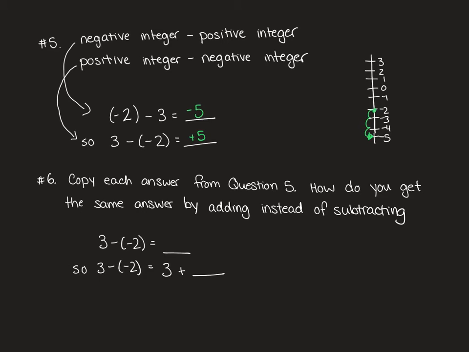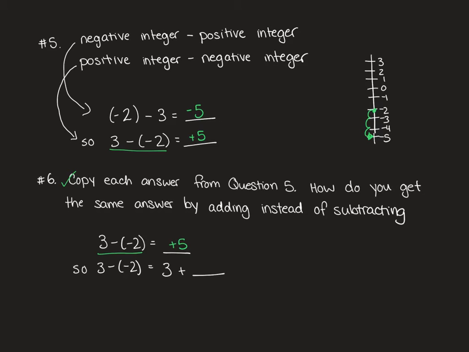Question 6 asks you to copy each answer from question 5 and then look at how you get the same answer by adding instead of subtracting. So if we look at 3 minus -2, that's the same question we have here. So our answer is +5. So that's our step of copying each answer.